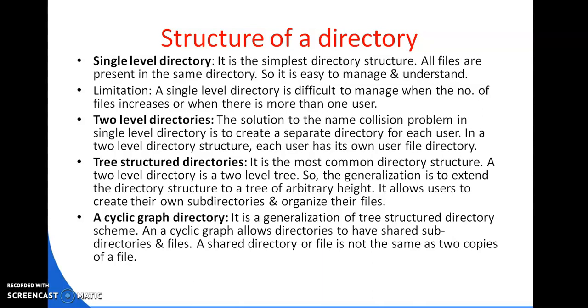And what are the limitations? A single level directory is difficult to manage when the number of files increases or when there is more than one user. Since all files are in the same directory, they must have unique names. So there is confusion of file names between different users.